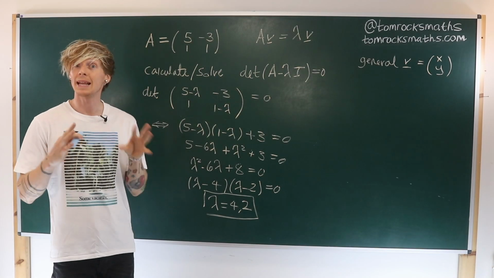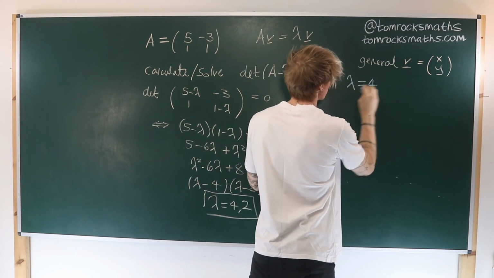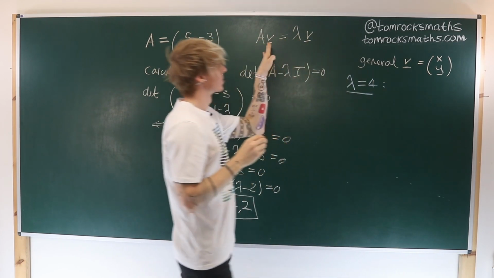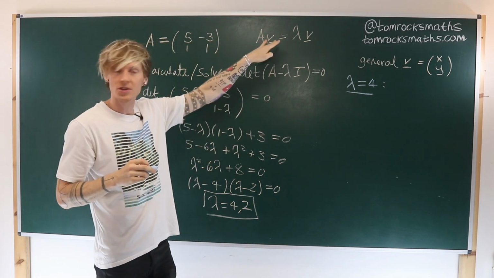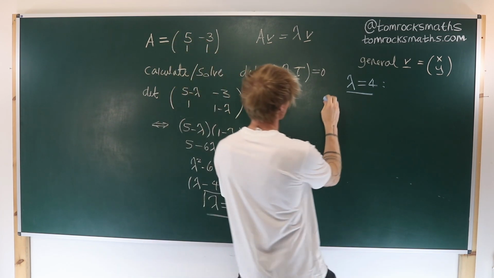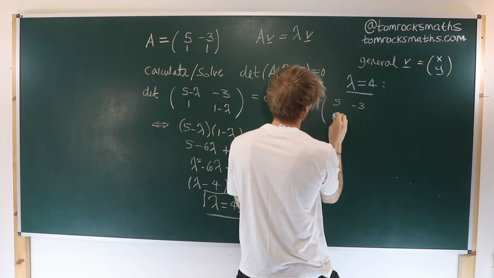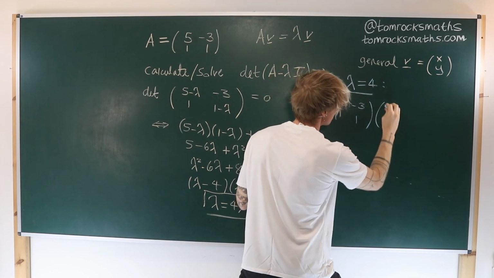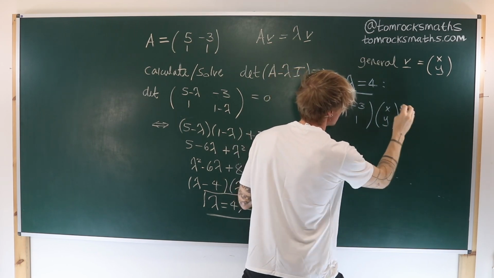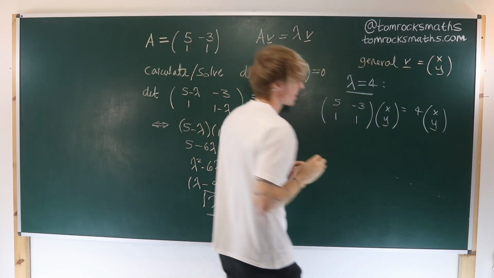If we start with lambda equals 4 and we substitute lambda equals 4 into our eigenvalue equation for this general v, then what we have is the matrix (5, -3; 1, 1) times (x, y) has to be equal to 4 times (x, y).